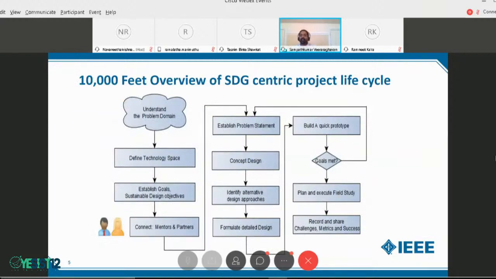Okay, let's take a 10,000-feet overview. Typically, what are the various stages within a humanitarian or sustainable development project-centric life cycle? In any program development phase, there are multiple stages. You first understand the requirements, then you formulate a system design, then you implement the design into a solution through quick prototyping, then you conduct some kind of field testing, and then you measure the impact.